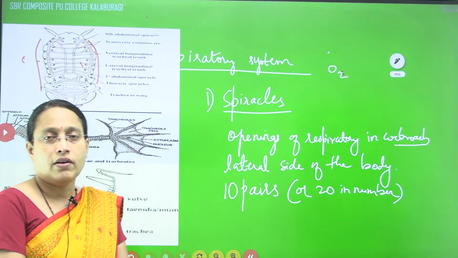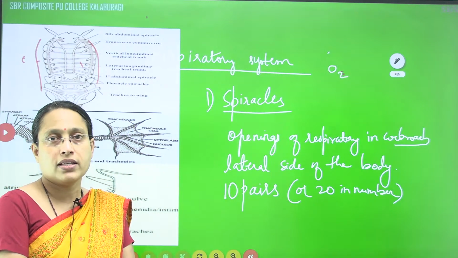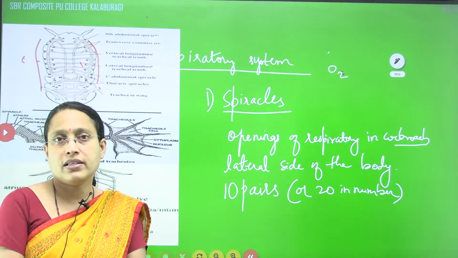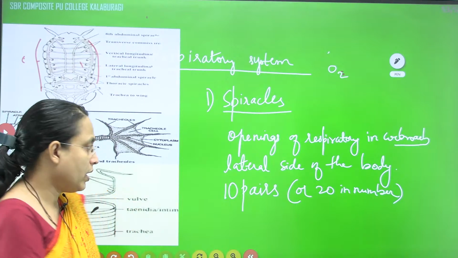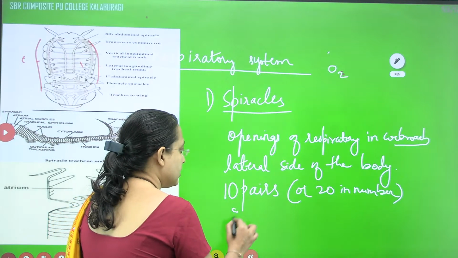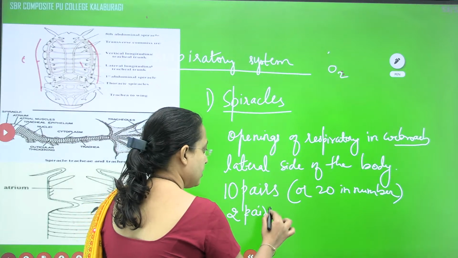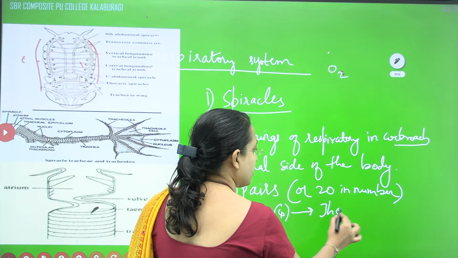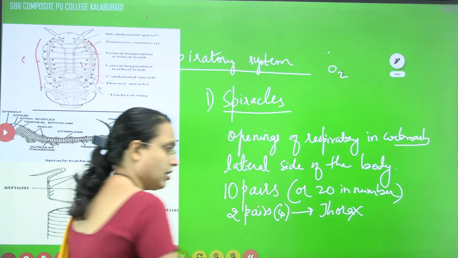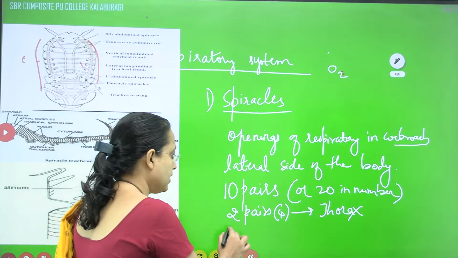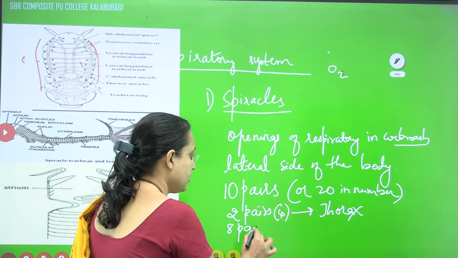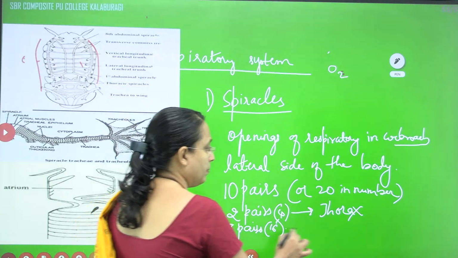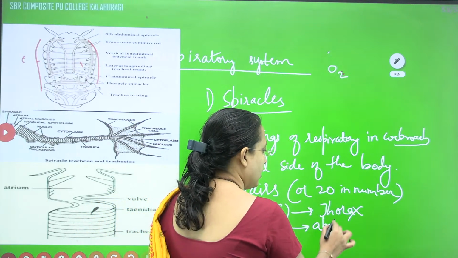Out of the 10 pairs, the first 2 pairs, that is 4 in number, are present in the thorax, and the remaining 8 pairs, that is 16 of them, are present in the abdomen.